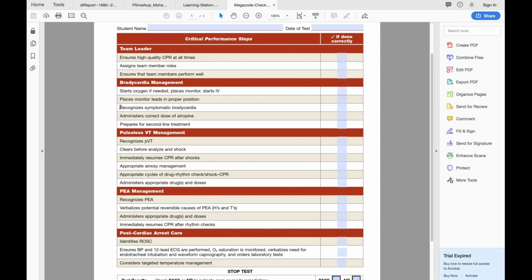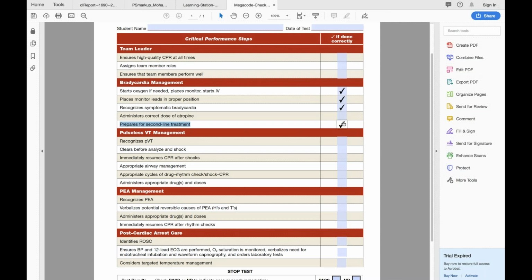Then recognize that the rhythm is bradycardia. Then administer the correct dose of atropine. Then prepare for the second line treatment, which is transcutaneous pacing. If you did, I'll tick correct, correct, correct.